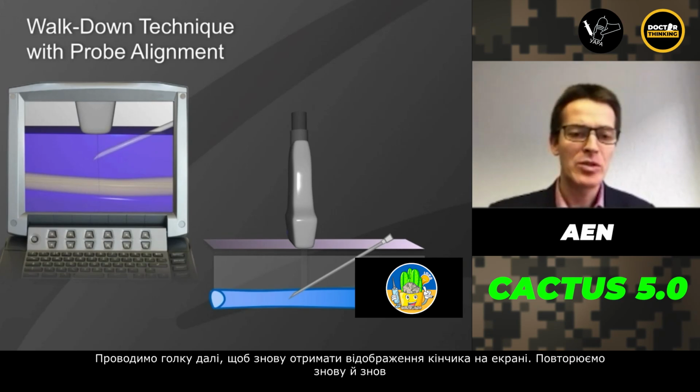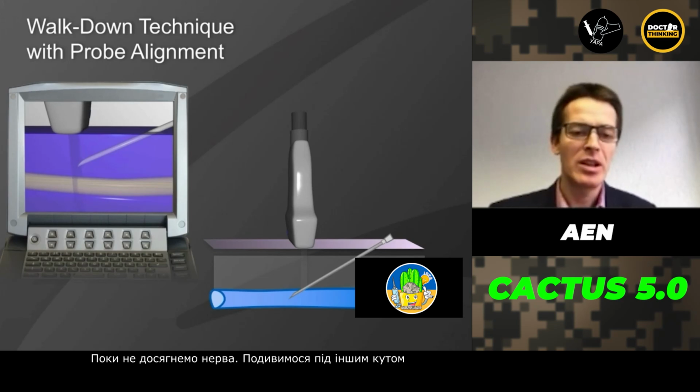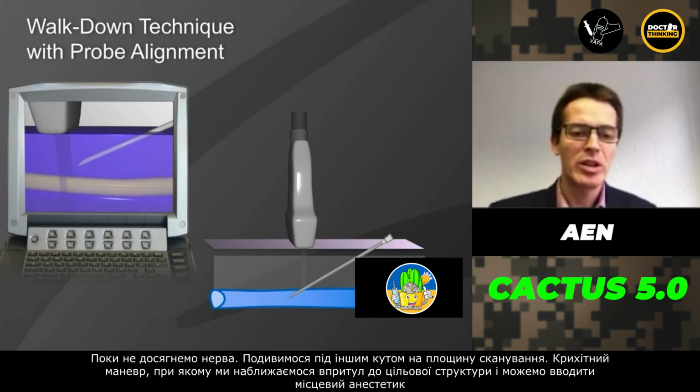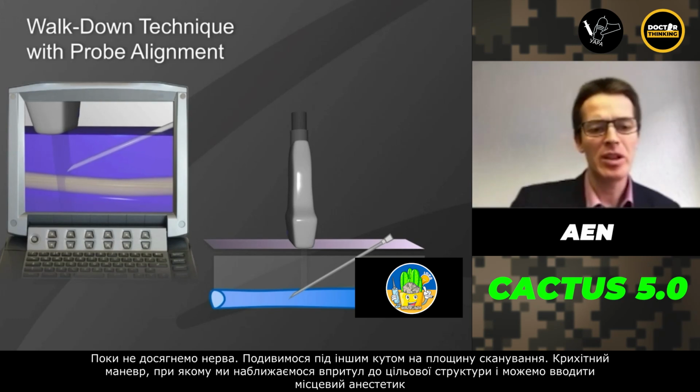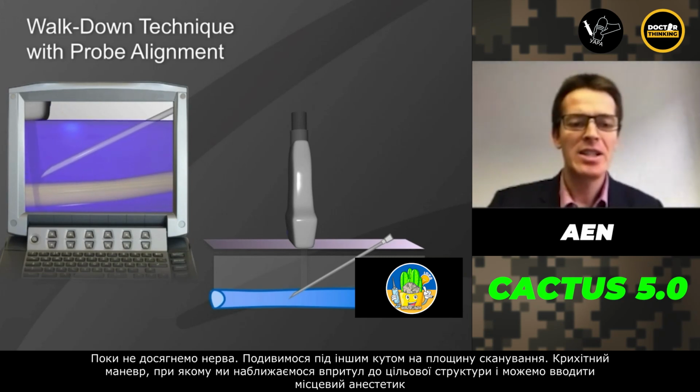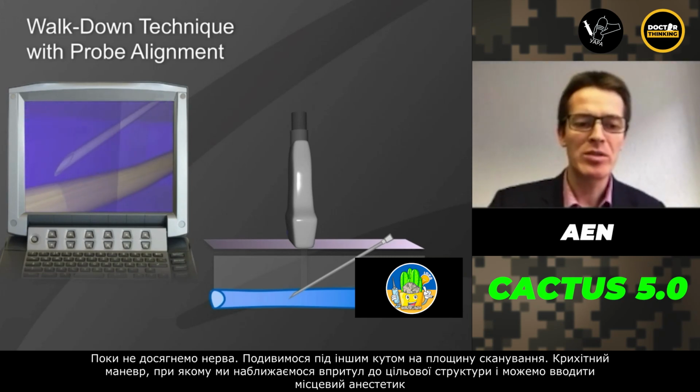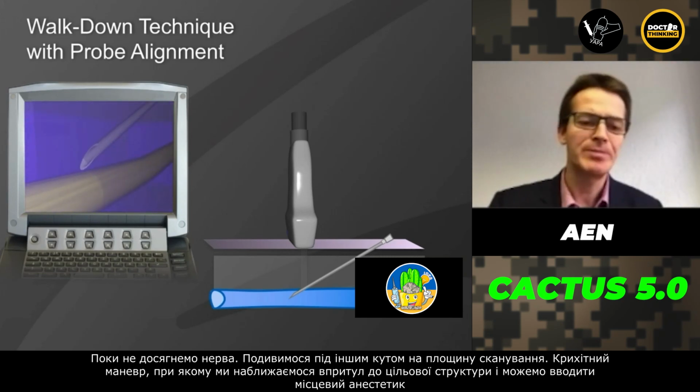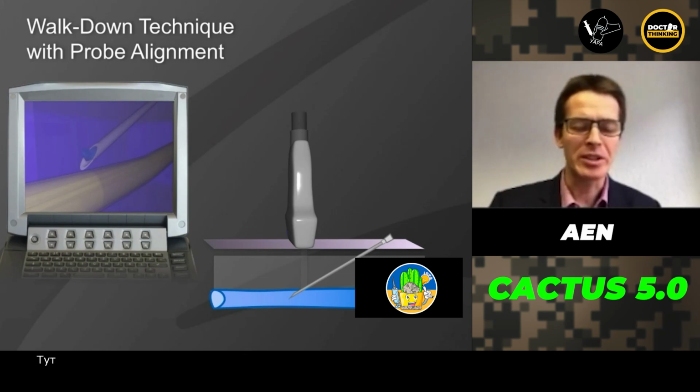We insert the needle again to get another needle tip reflex on the ultrasound screen, and we do this again and again until we approach the nerve. And now we look from a different angle in the scanning plane. Tiny little maneuvers once we get very close to the target structure, and now we can inject the local anesthetic.